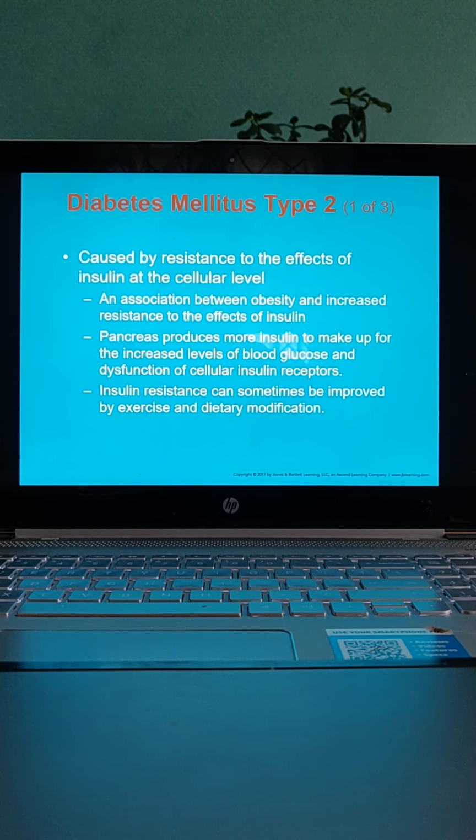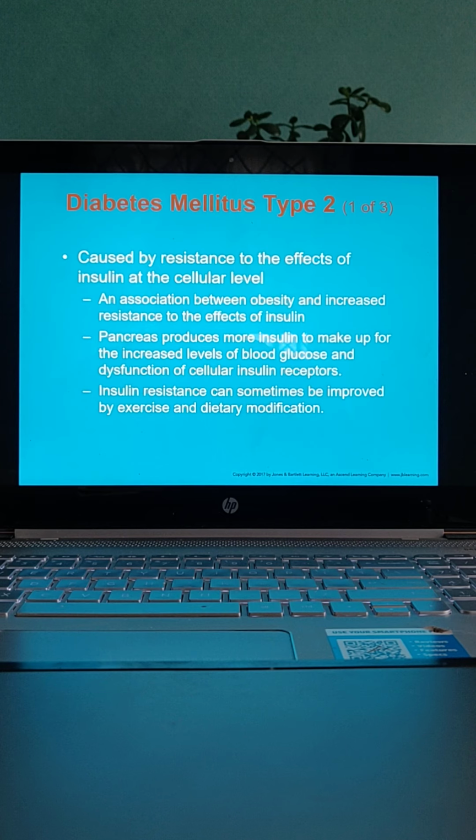If you have the flu, that's going to affect your body temperature and how you feel and other parts of the body, but the flu doesn't affect every inch of your body. Diabetes affects every cell in your body, whether it's a cell on the top of your skin, under your skin, in your bones, everything.